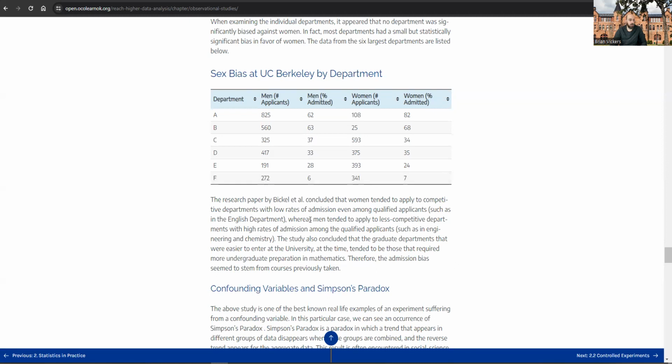Whereas it found that the men tended to apply to less competitive departments that had a high rate of admissions, engineering, chemistry. A lot more of them were getting in, but they were kind of going for the low-hanging fruit as far as just getting in, right? So it turned out that the bias may or may not have existed after all, probably didn't exist. It's more easily explainable by women trying for more competitive fields.